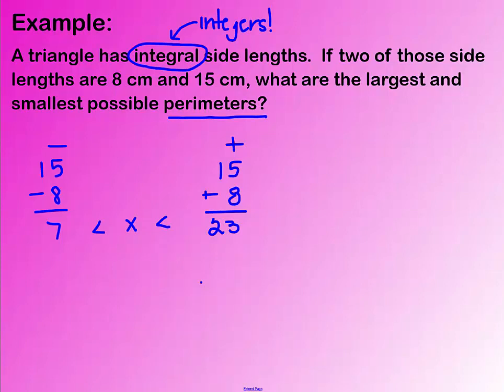We know that we have to have integer side lengths, and I know I'm not allowed to be equal to 7 or 23. So the smallest side length would be 8, and the largest possible side length would be 22.